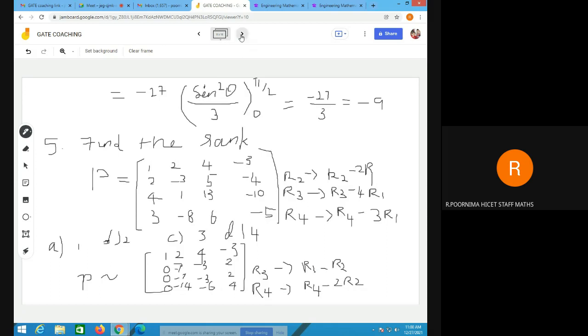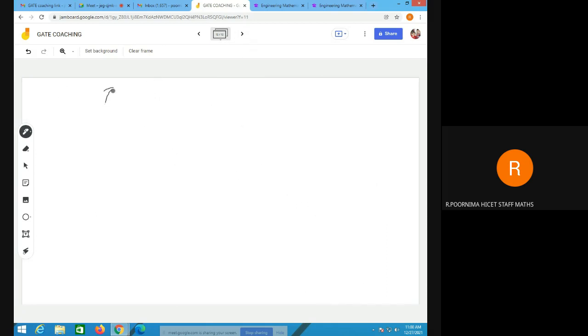So your operation becomes... row echelon form means we need to make the number of rows zero, possibly by using only the row operations. Okay, so you keep it in mind. So 0, minus 7, minus 3, 2.